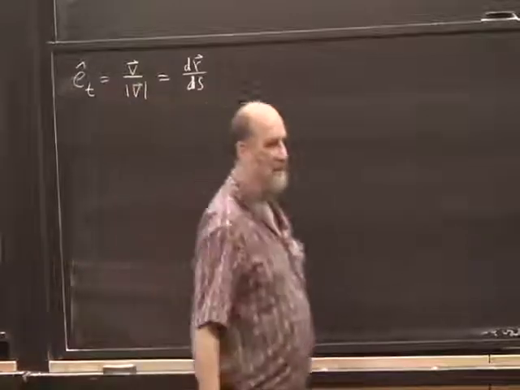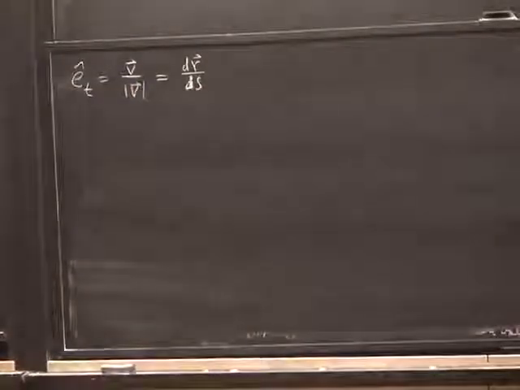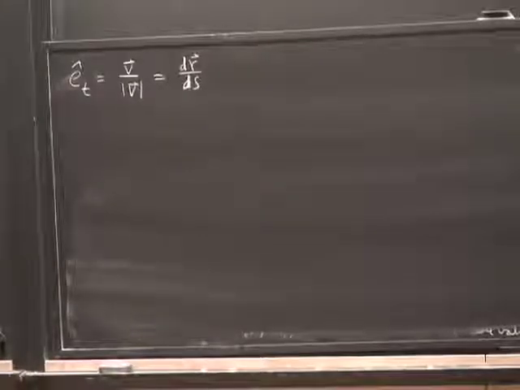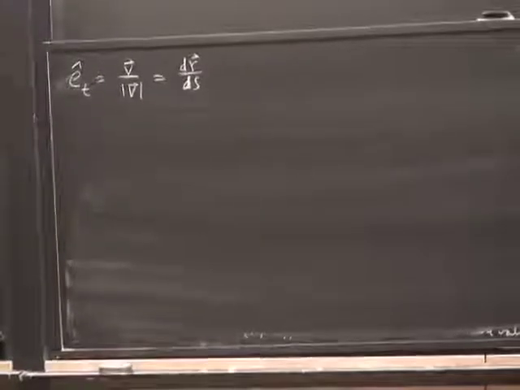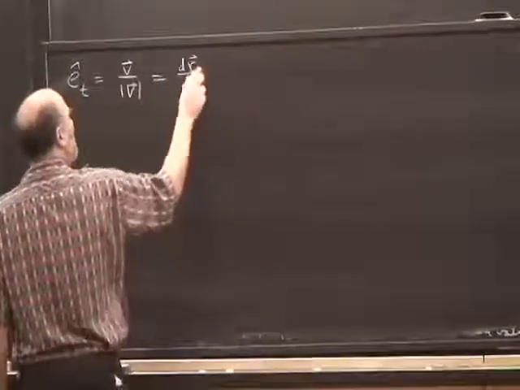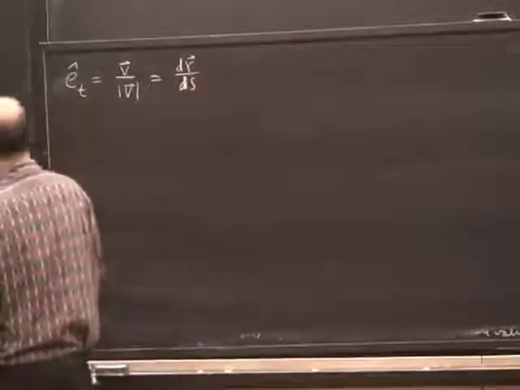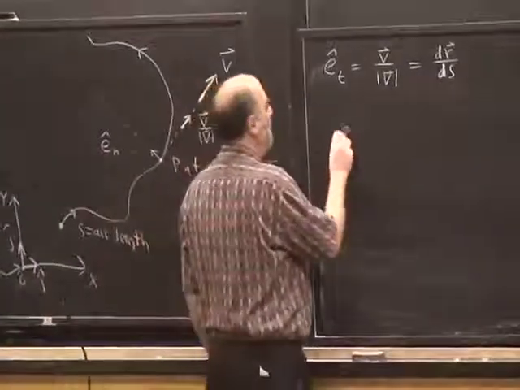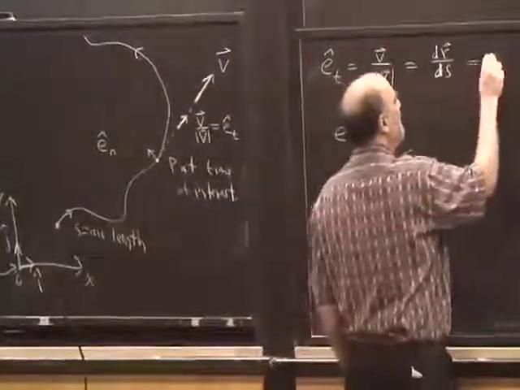So this doesn't have the velocity in it at all, it just has the path. It's the rate of change of the position vector with arc length. And this is already a unit vector, because the change in position vector is itself in magnitude the same as the change in arc length. Then we have, so this is called the unit tangent.